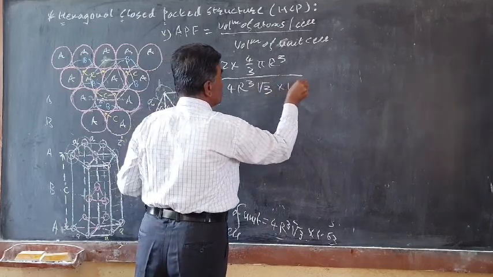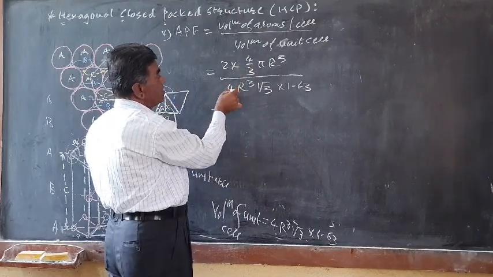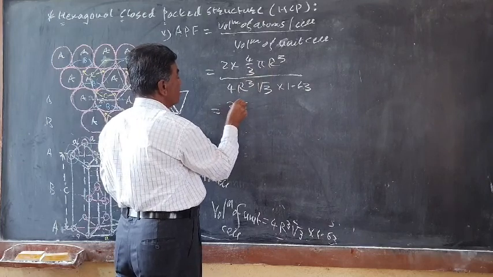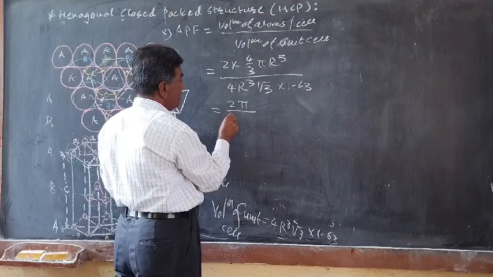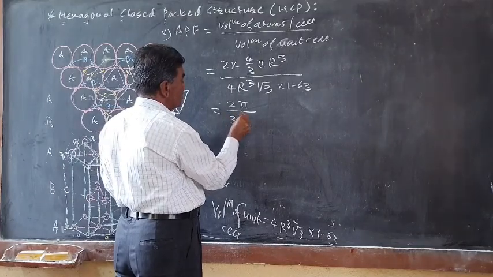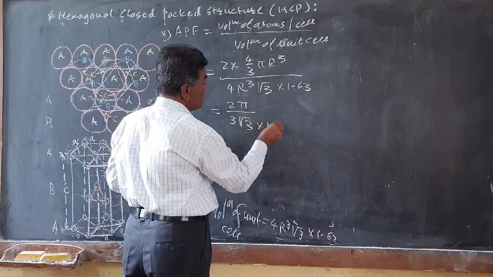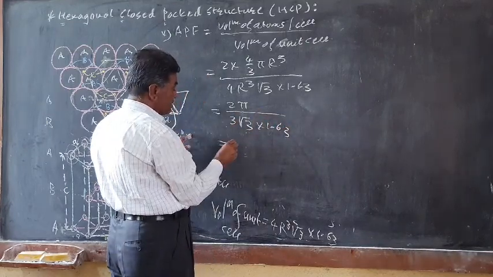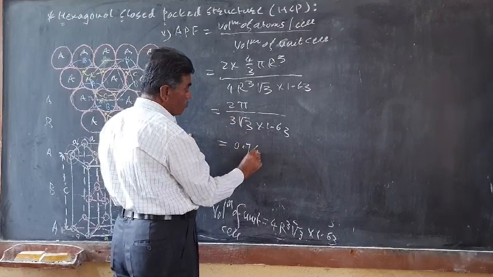So the 4 cancels and R cube cancels, and 2 pi remains. The 3 comes to the denominator: 3 square root 3 into 1.63. And if you calculate this, it comes out to be 0.74.